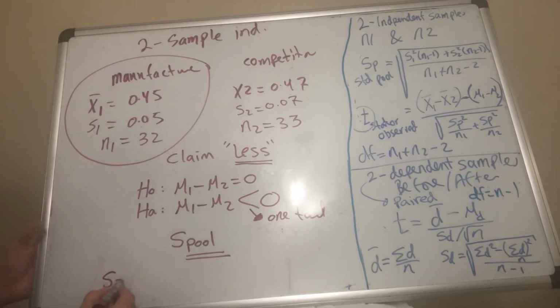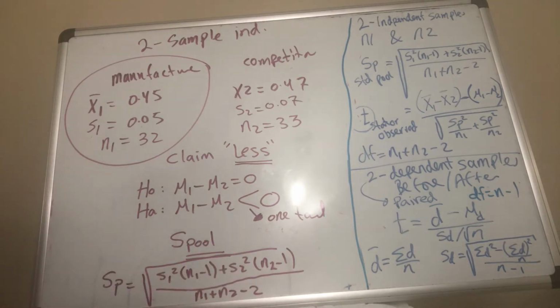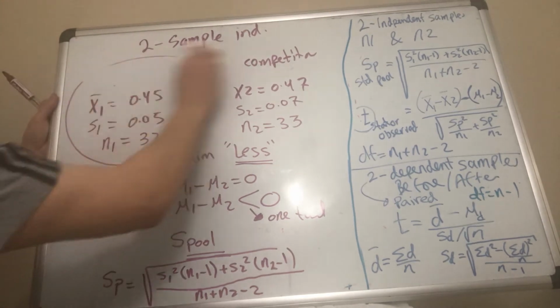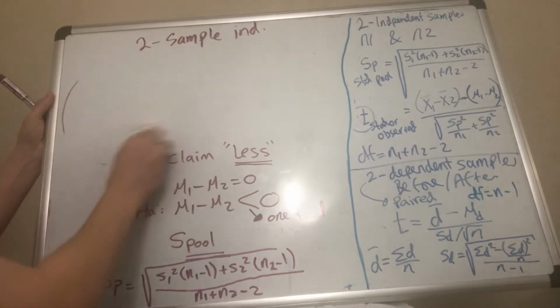SP is the square root of standard deviation 1 squared times n1 minus 1 plus standard deviation 2 squared times n2 minus 1, all over n1 plus n2 minus 2.